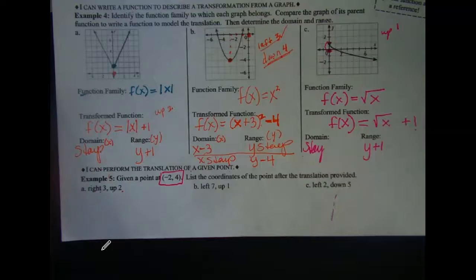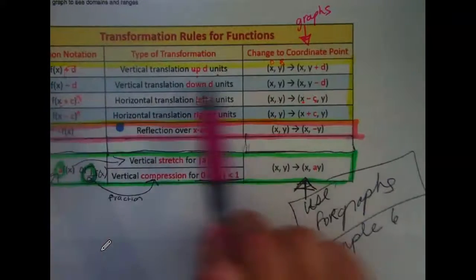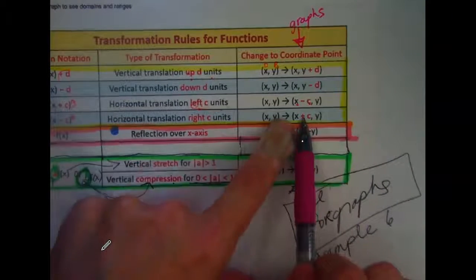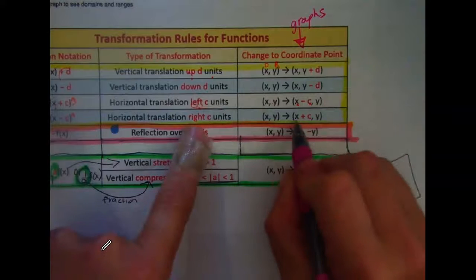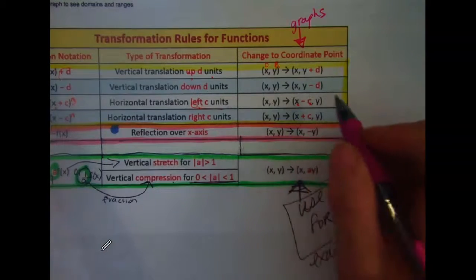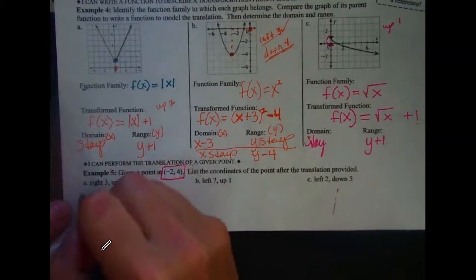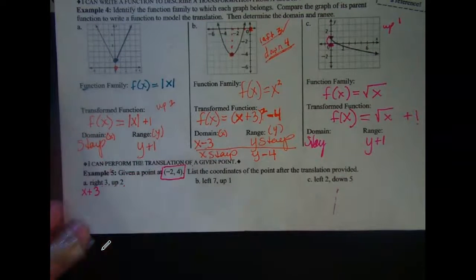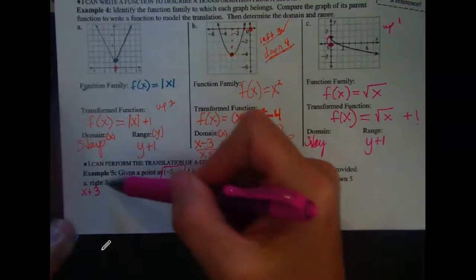So when I go right, what happens is I take x and I add how much I go right. So I do x plus 3 for the right 3.